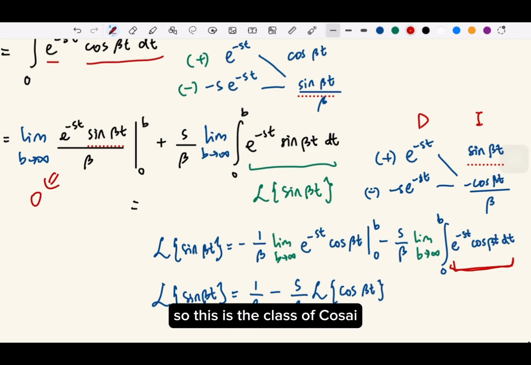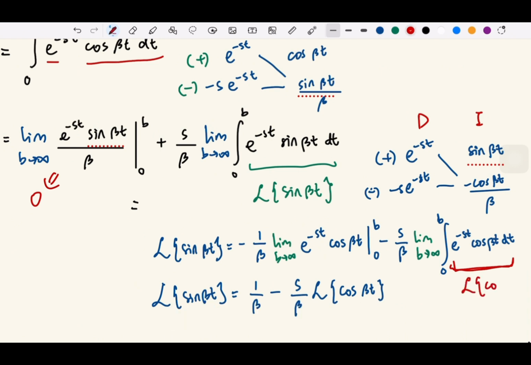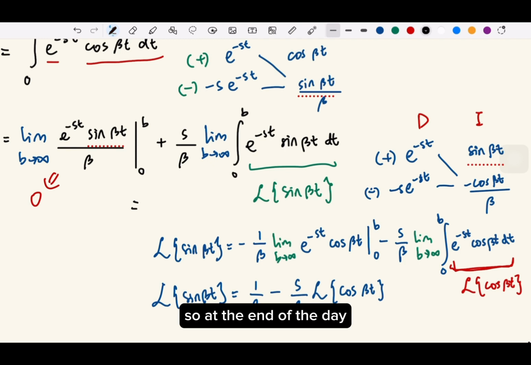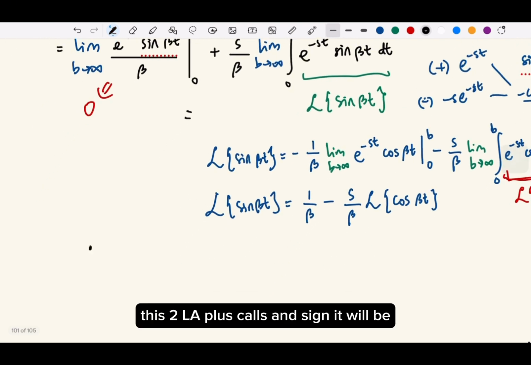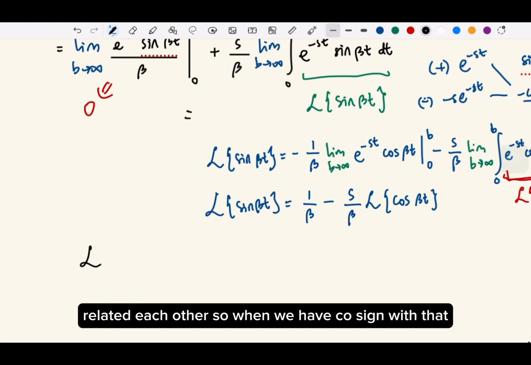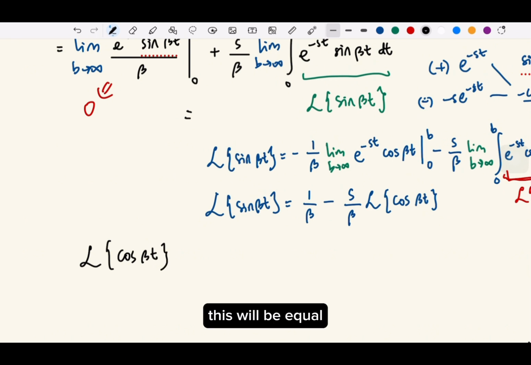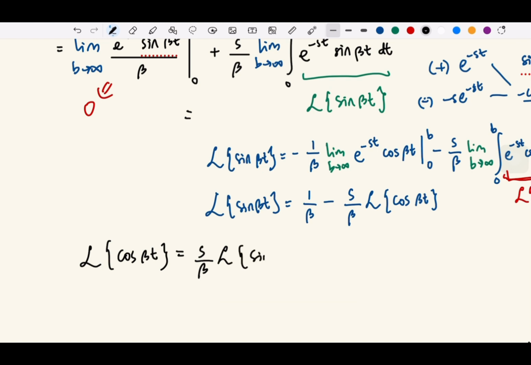So this is Laplace of cosine. At the end of the day, these two Laplace, cos and sine, are related to each other. So when we have cosine beta, this will be equal to s over beta Laplace of sine.